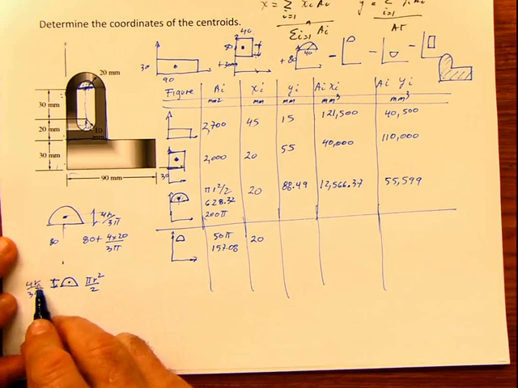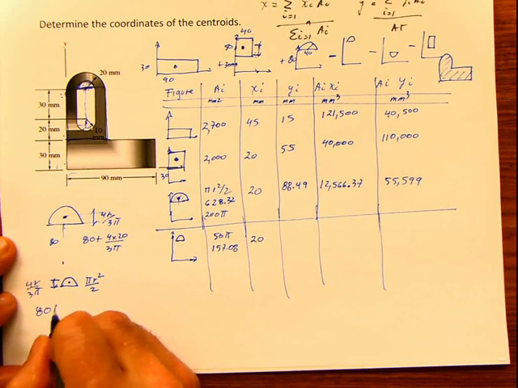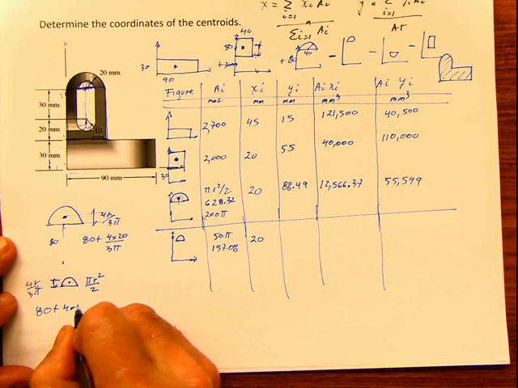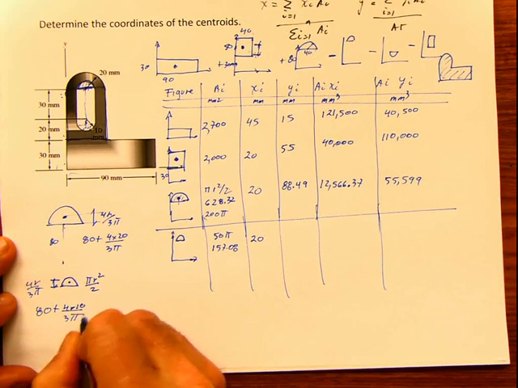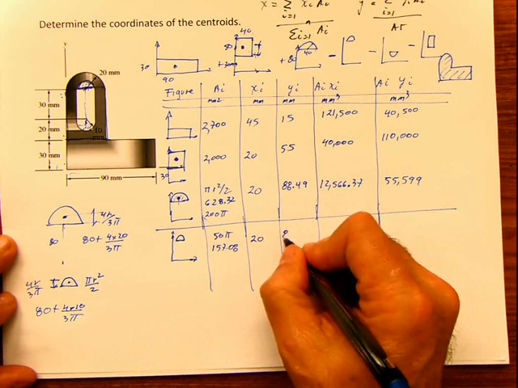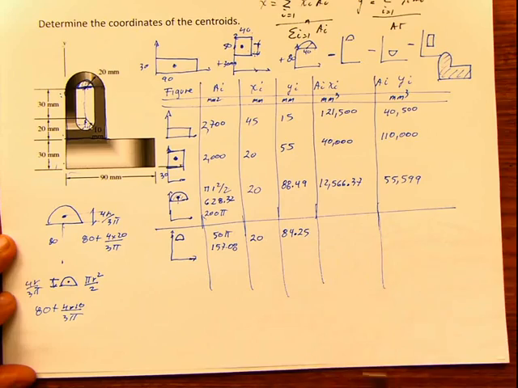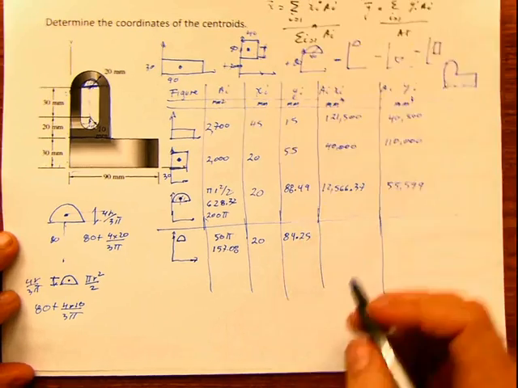But r in this case is 10. So it's going to be 80 plus 4 times 10 divided by 3 pi. And that is 84.25.